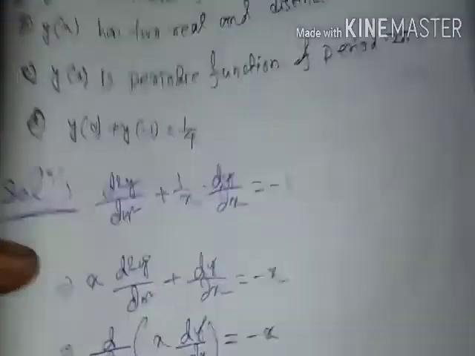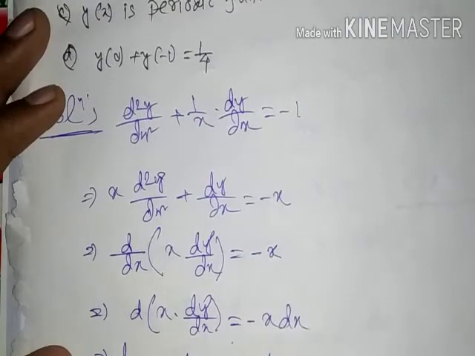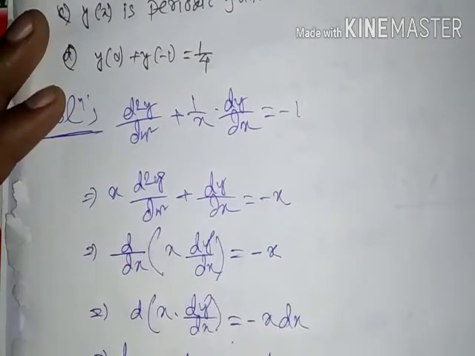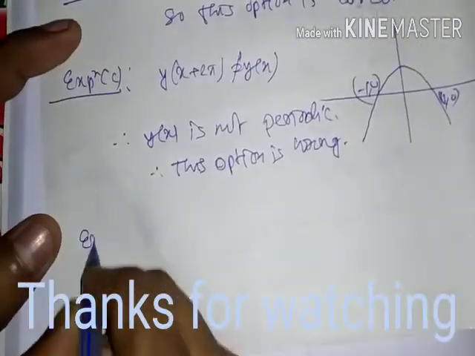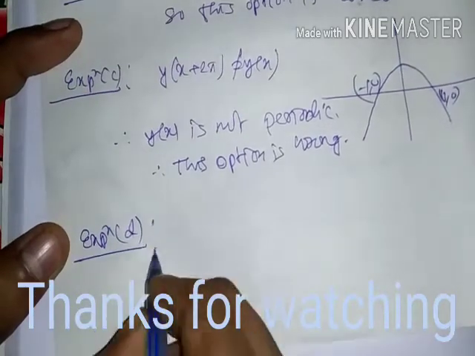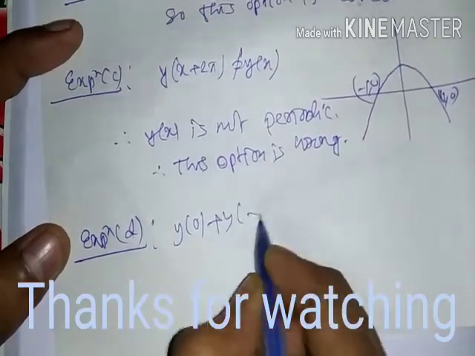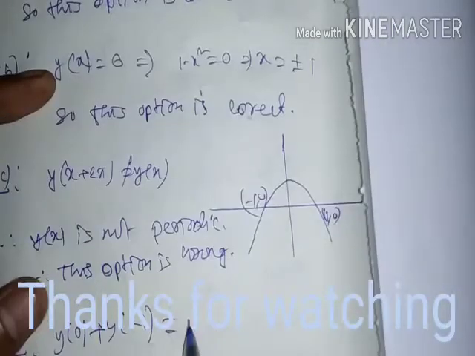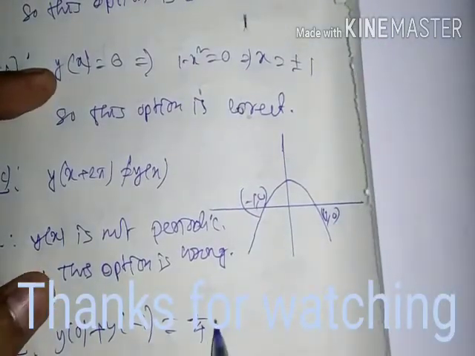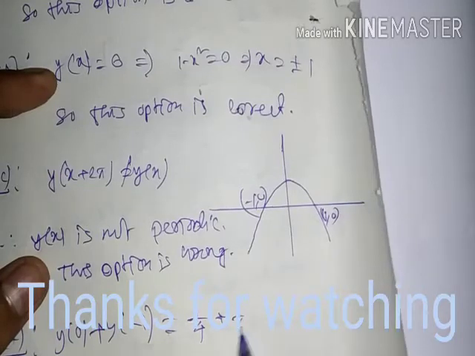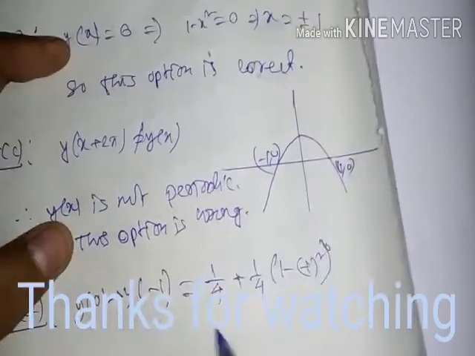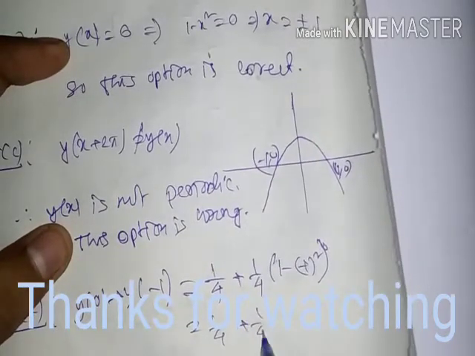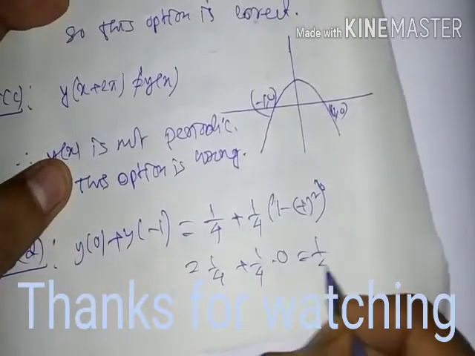Next we check the last option. We evaluate the values y of 0 and y of minus 1. Explanation of option D. y of 0 is 1 by 4 and y of minus 1 is 0.